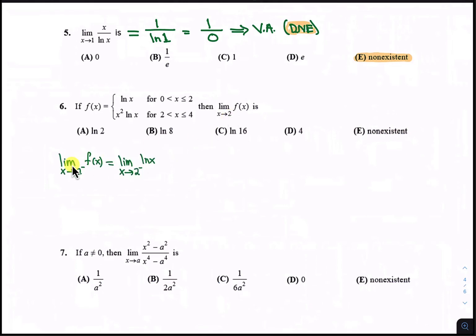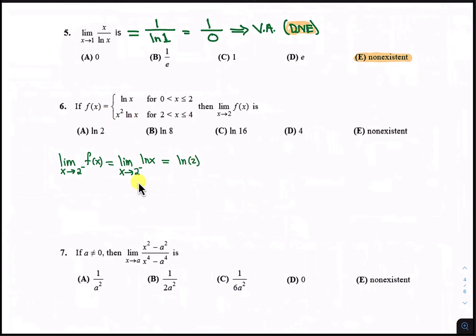So let's start with the limit as x approaches 2 from the left. That's going to be the very first function, because that is the function on the left. So that's the limit as x approaches 2 from the left of natural log x. Using direct substitution, we simply plug in 2 for x, and we just have the natural log of 2, which is some number.